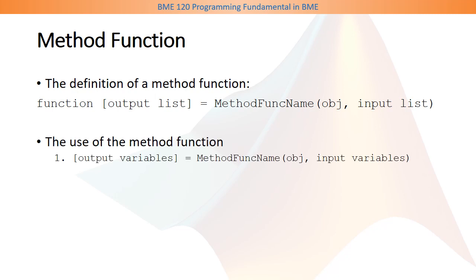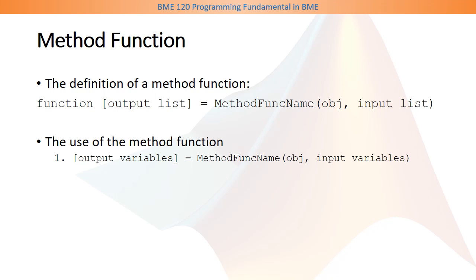If we want to use a method function, there are two options. The first option is the regular use of a function. Here you have the output variables to hold the output data, and then you supply the data object to which the method belongs, and then the input variables.